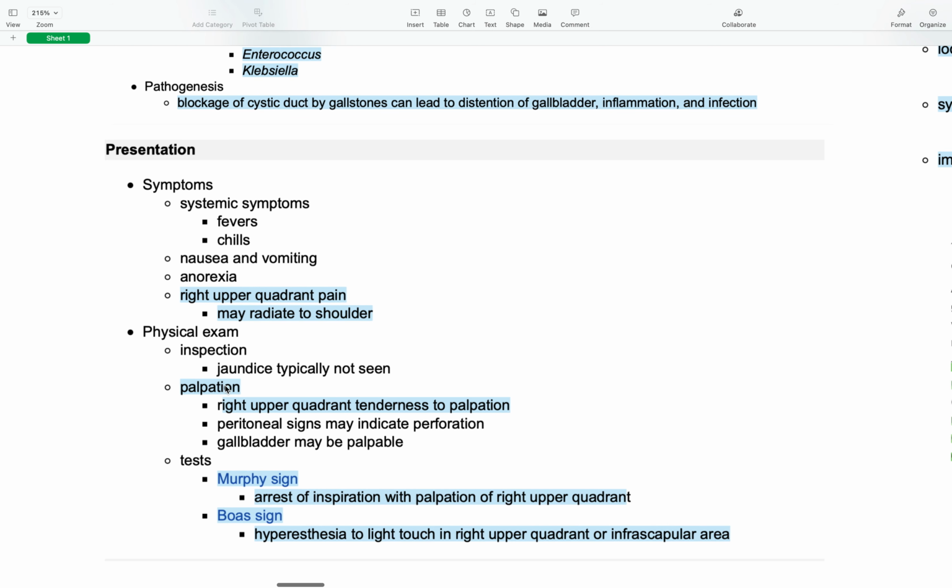On palpation, the patient experiences tenderness in the right upper quadrant. All right, and when there is tenderness on palpation of the right upper quadrant, and in addition, there is arrest of inspiration with palpation of the right upper quadrant, that's the Murphy sign.